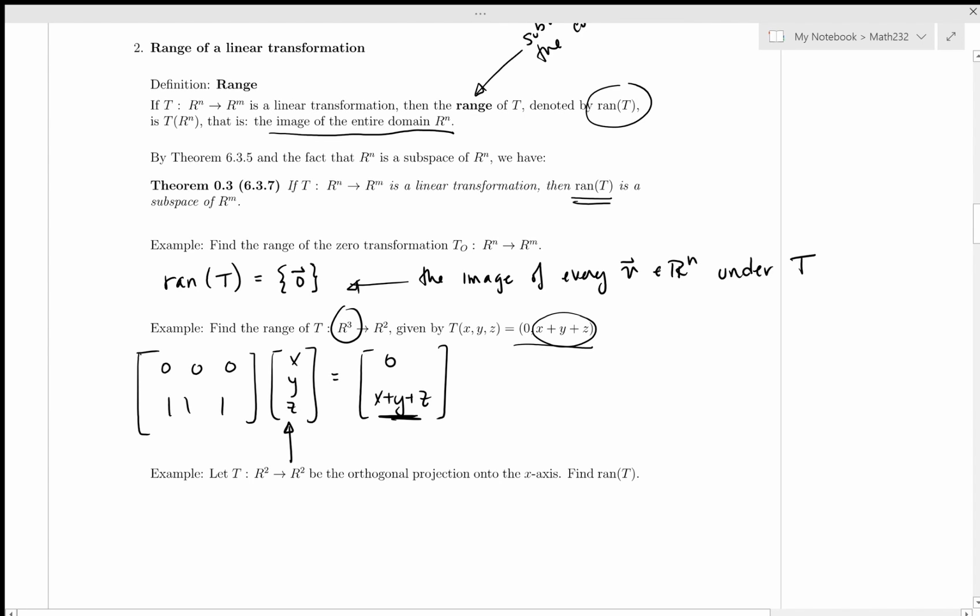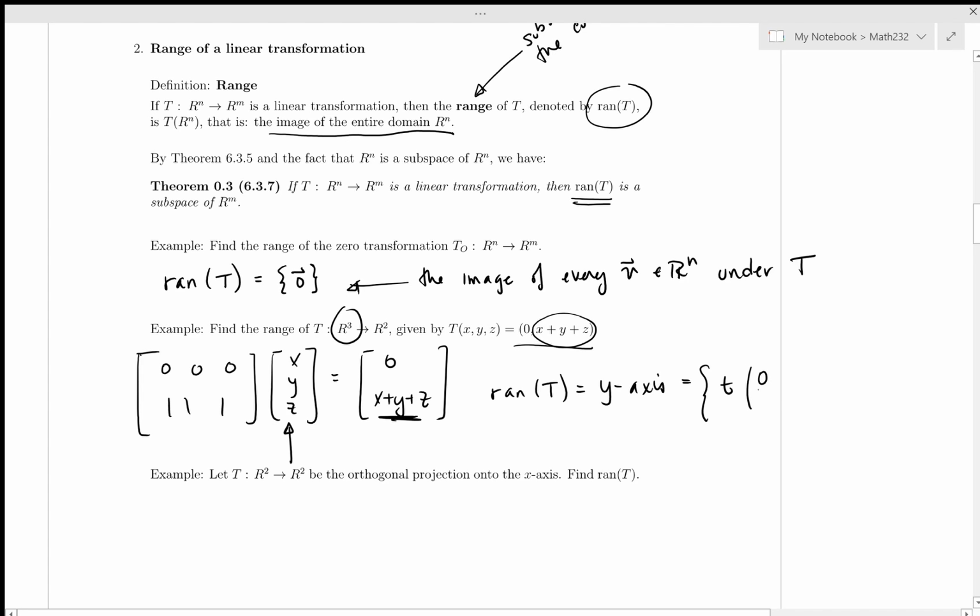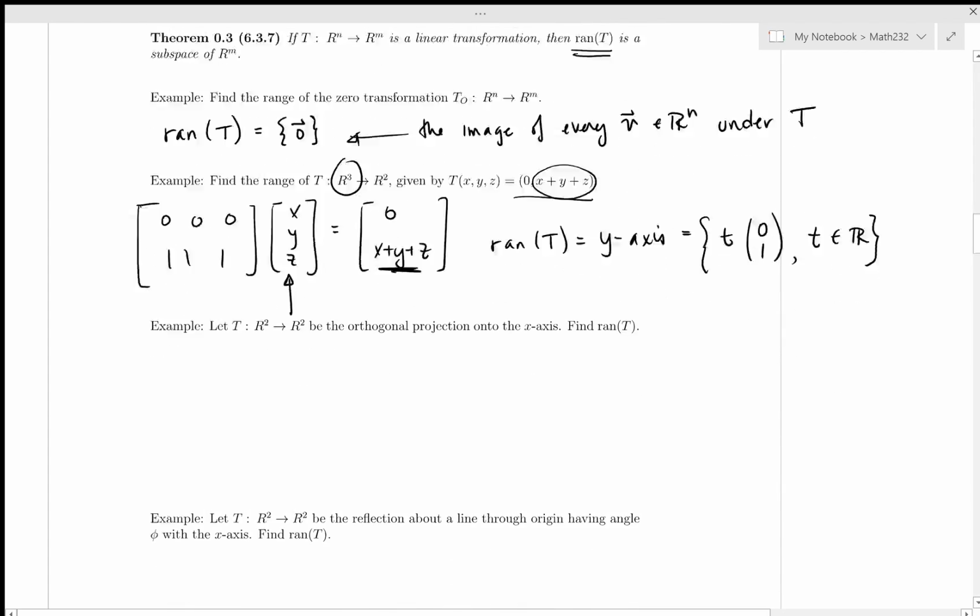So the range of T is the y-axis, and that is equal to t times 0, 1, for t in R. That's a parameterization of the y-axis. Okay, that's our range. All right, so now let's look at another one.